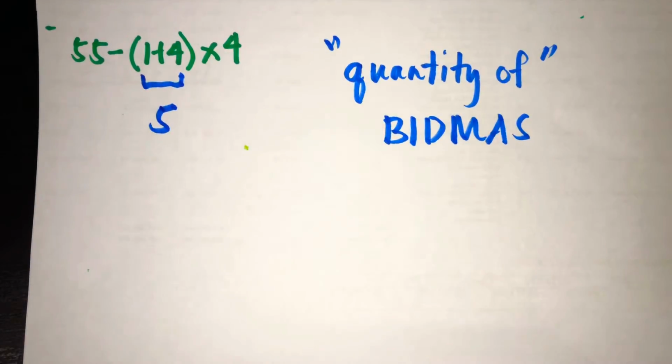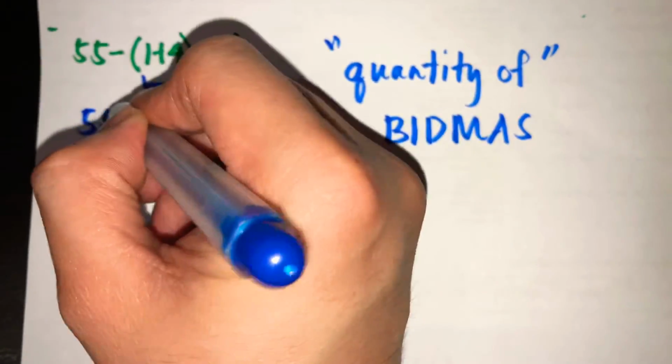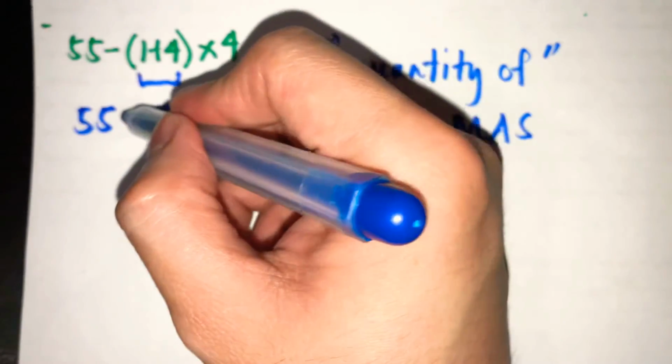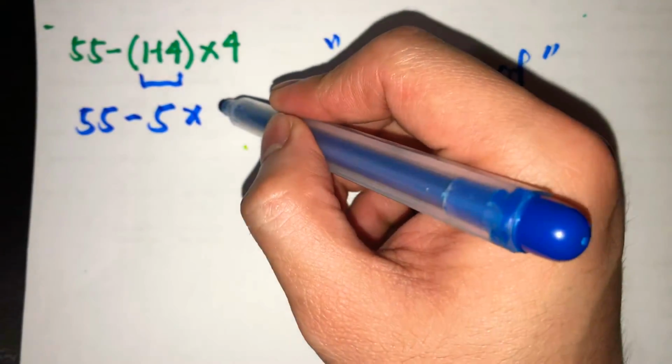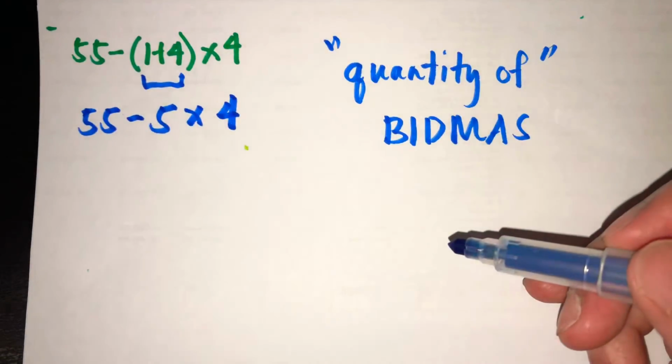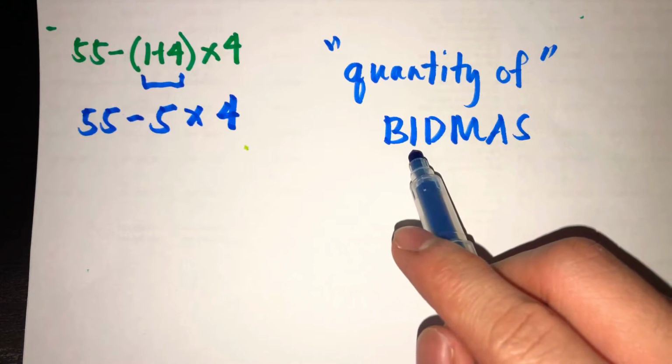Then we're going to rewrite this again. We have 55 minus 5, which we solved inside the bracket, then times 4. Now the next operation is indices.